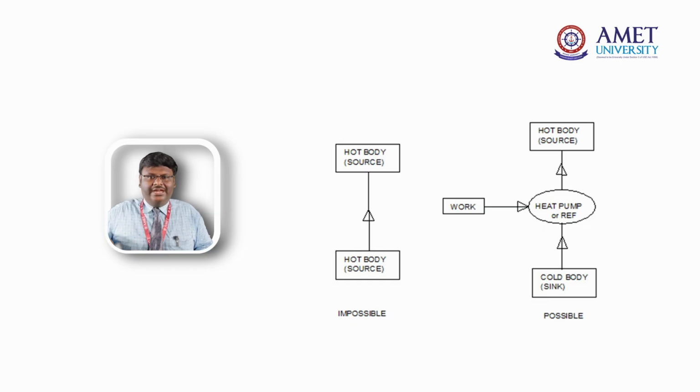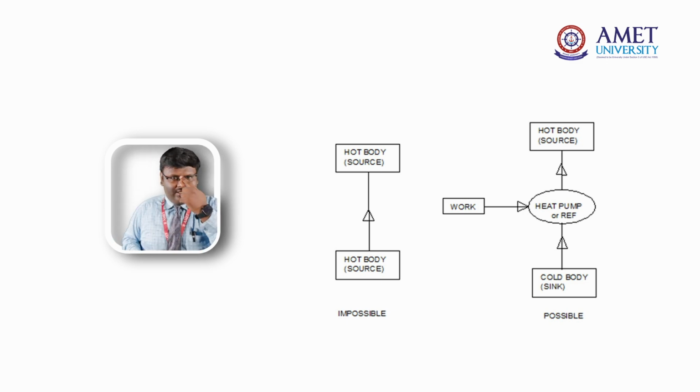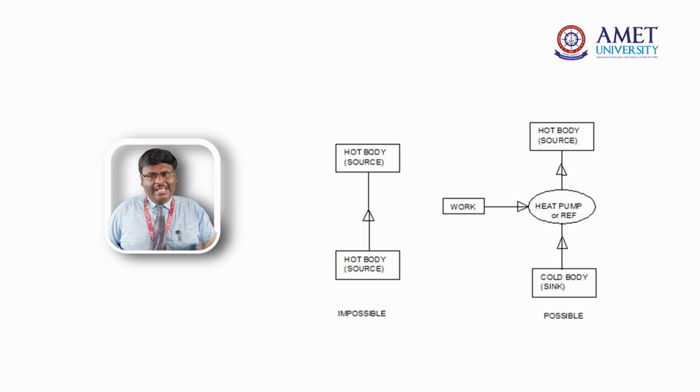The room is at 17 degree, but the outer ambience is at 35 or 36 degree. Of course, since we are in southern India, right now the outer ambience will be at 38 degree. See, the room is at 17 degree, but the outer ambience is probably at 37 degree. So energy gets transferred from the 17 degree Celsius room to the 37 degree Celsius outer ambience, which is against nature.